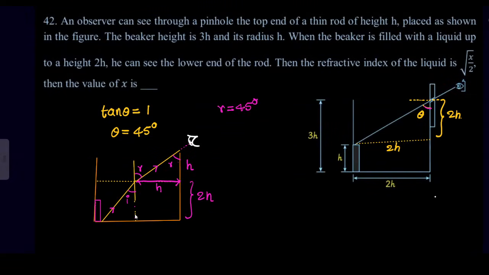How much height is filled? 2H height, the water is filled. Right. So now here, this is H, from here to here. This is H, so this must be H only. Radius is H, total diameter is 2H. Right. Now this is 2H.